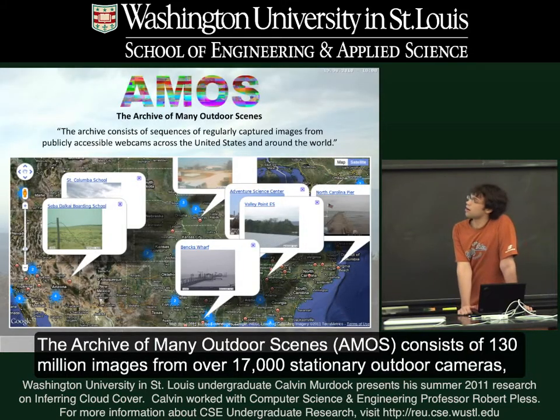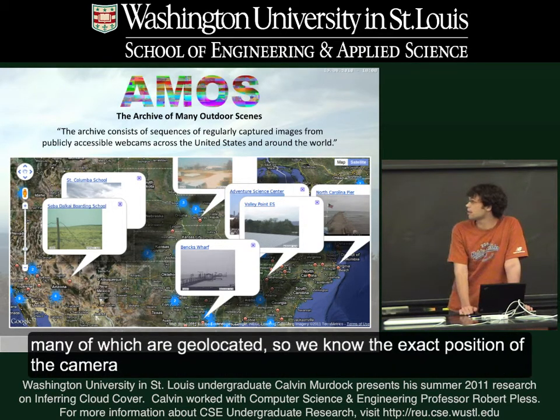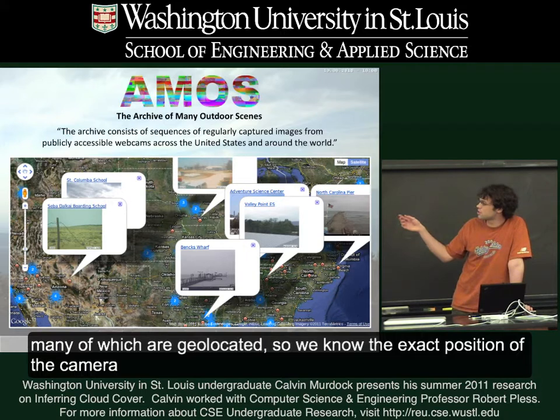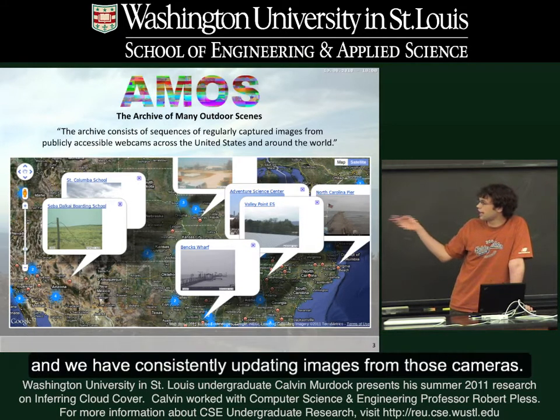Currently, the archive of many outdoor scenes consists of 130 million images from over 17,000 stationary outdoor cameras, many of which are geolocated. So we know the exact position of the camera, and we have consistently updating images from those cameras.